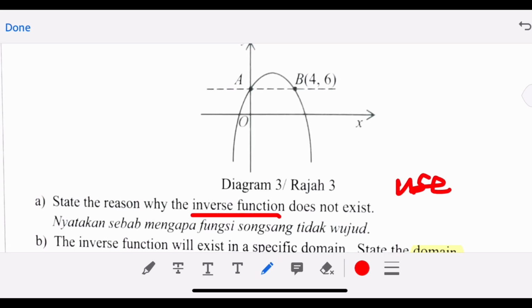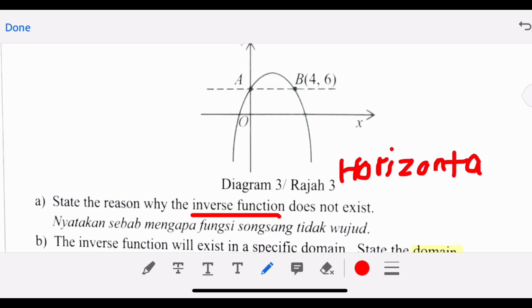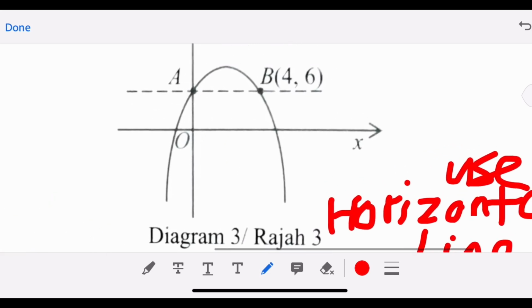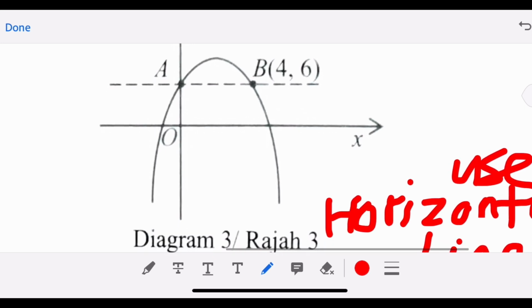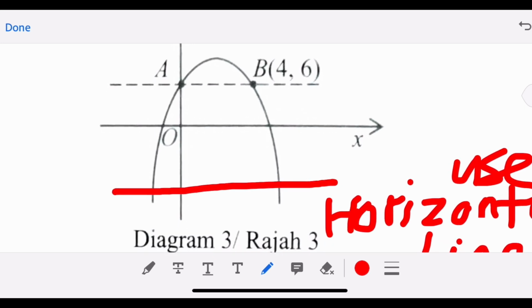So you can use a horizontal line test to test. If it is cutting at 2 points, that means you have 2 intersection points, then the graph belongs to many-to-one relation. So if it is a many-to-one relation, now you see it's cutting at how many places?